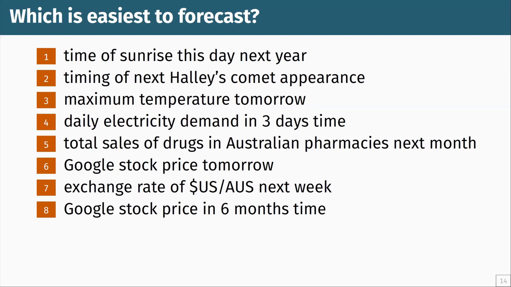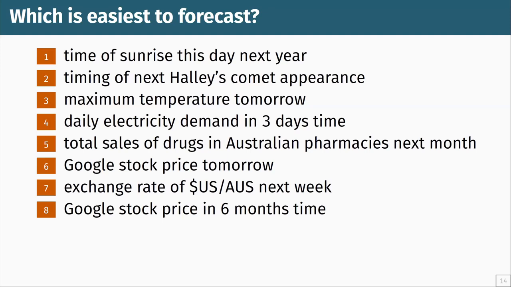Maximum temperature forecasts are usually pretty accurate. Then followed by electricity demand, retail sales, and the hard ones are stock prices and exchange rates. They're just ordered there by how far away they are. So stock price tomorrow is much easier than stock price in 6 months' time. Exchange rate in a week is a little more difficult than stock prices tomorrow.